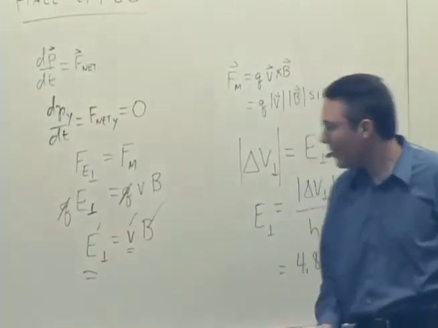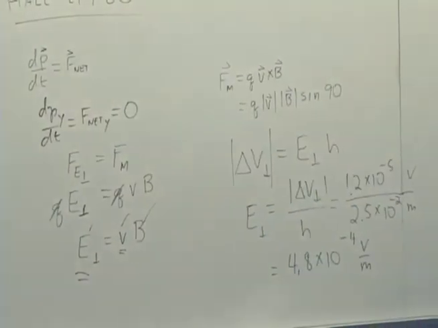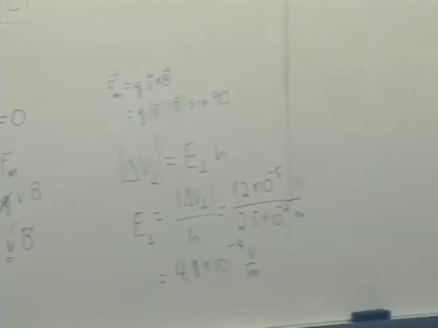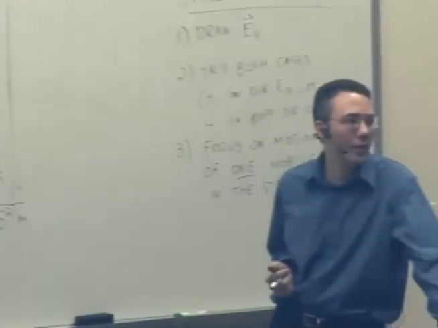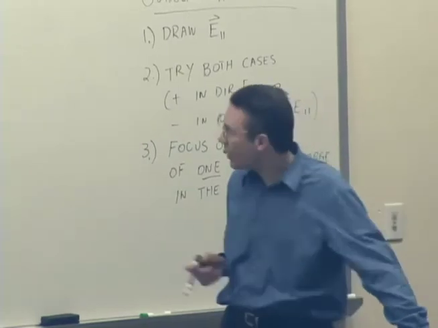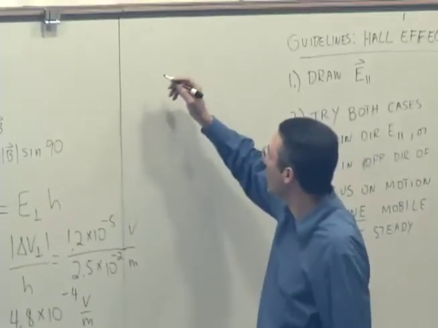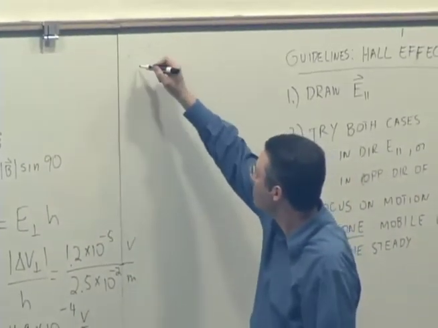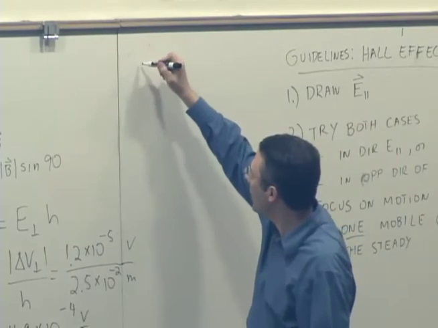What about V? What about the velocity? How are we going to figure out the velocity of one of those mobile charges? The current's going to play some role, because the current's related to the velocity. How?